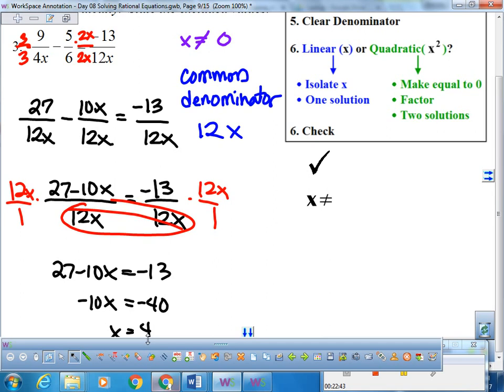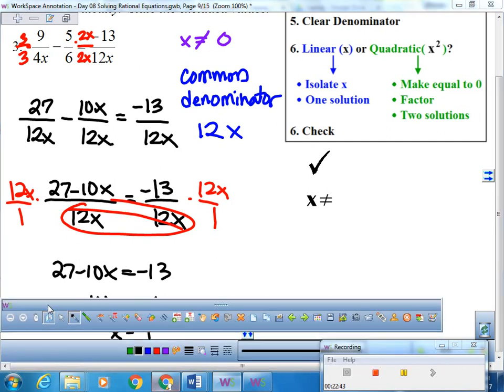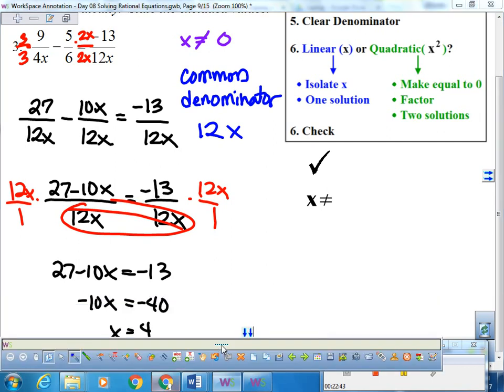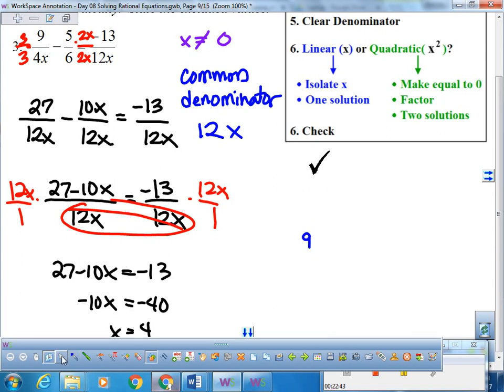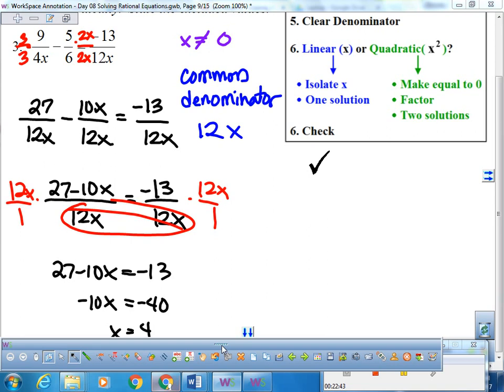Now we can check. Let's see if it works. If I put 4 back in that original equation, it should work. So here's my check. I already wrote my excluded value. So I have 9 over 4 times x. What do we know x is now? 4.